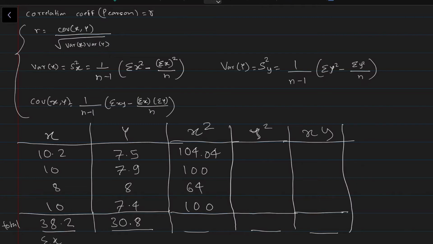Similarly, squares for the Y column, individual squares. So first will be 7.5 the whole square, because the first Y value is 7.5.